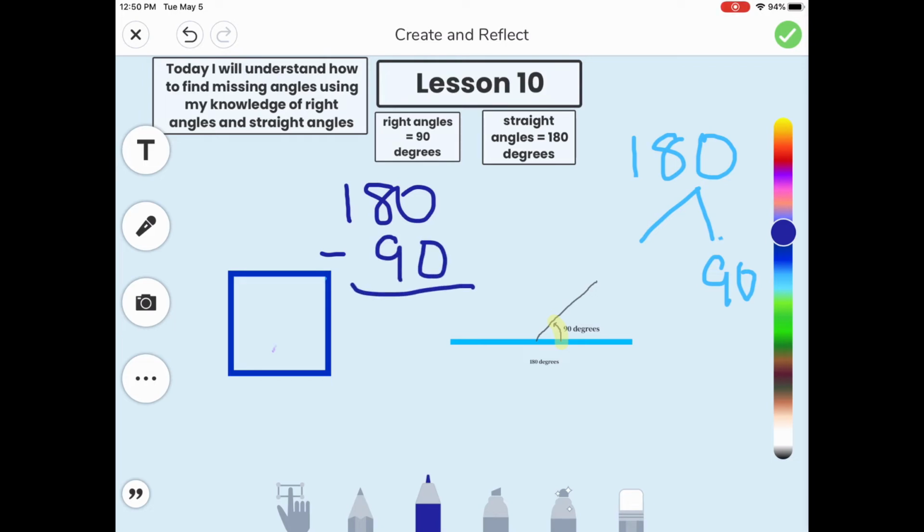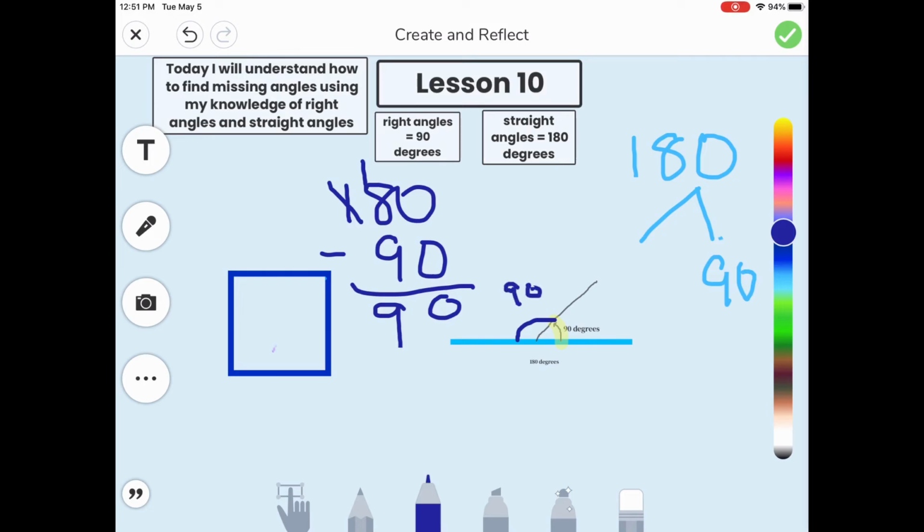0 minus 0 equals what? 0. 8 minus 9. Oh wait, we can't do that. We have to regroup. 18 minus 9 equals what? 9. So this part of it would be 90.